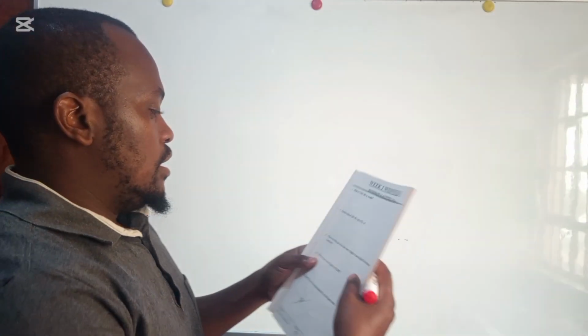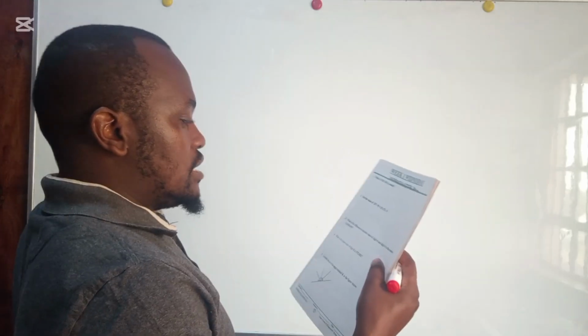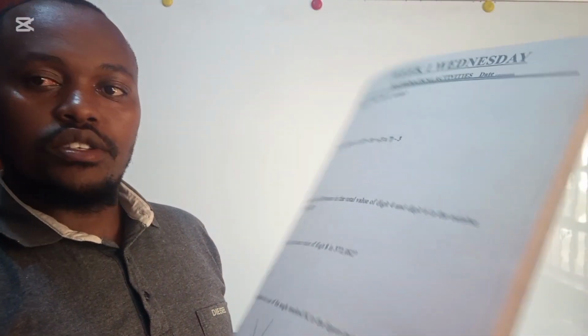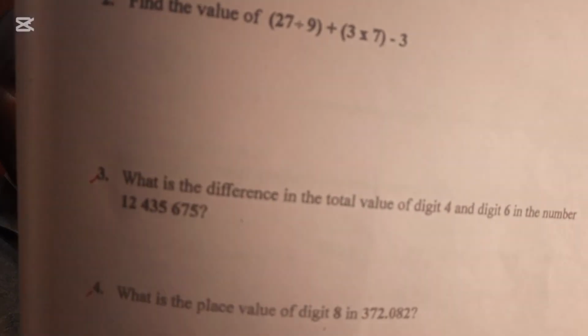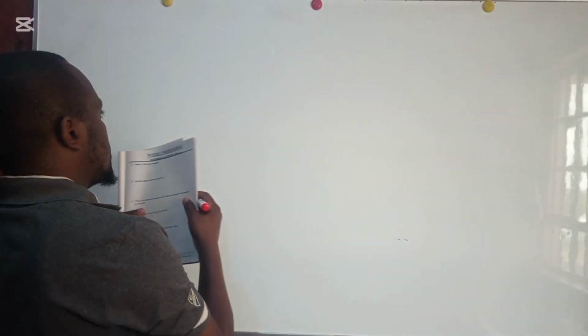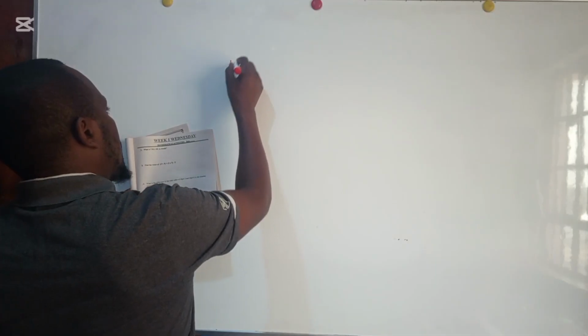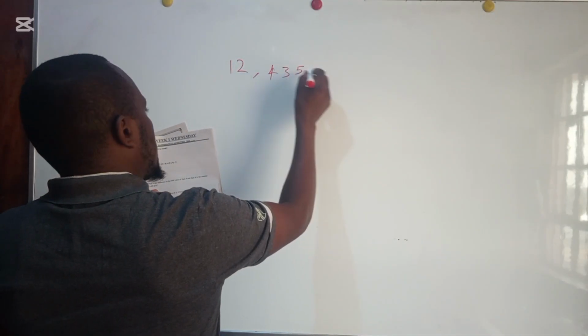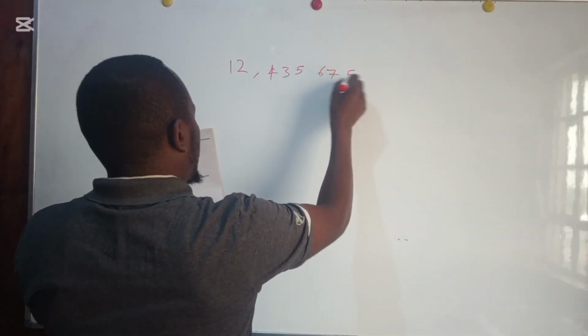Now, we are asked what is the difference in the total value of digit 4 and digit 6 in the numbers? And then you are given those numbers. That is question 3. So you are given this number 4,356,75.